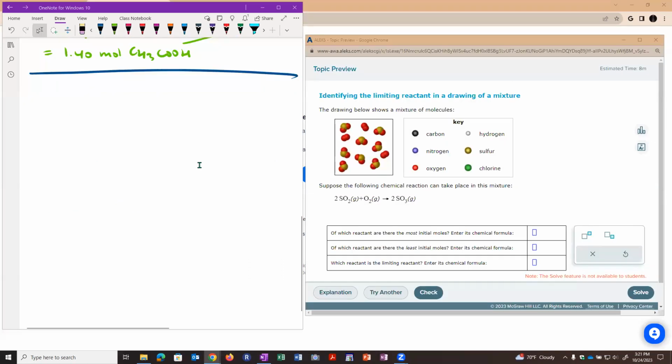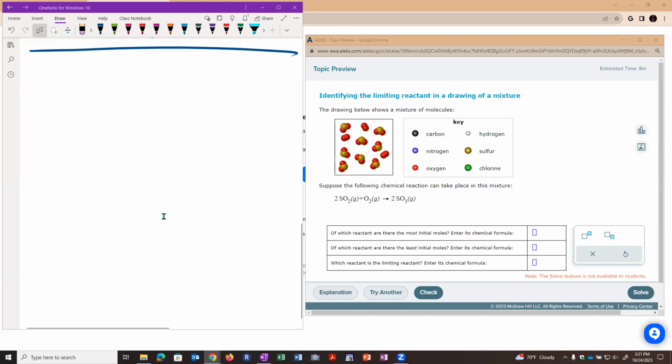All right, so now we're going to take a look at identifying the limiting reactant in a drawing of a mixture. So here they're provided with a sort of a model of a reaction that's occurring. It tells you that you have a mixture of molecules to start off with. These things are color-coded, so the sulfur is in yellow, and the oxygen is in red.